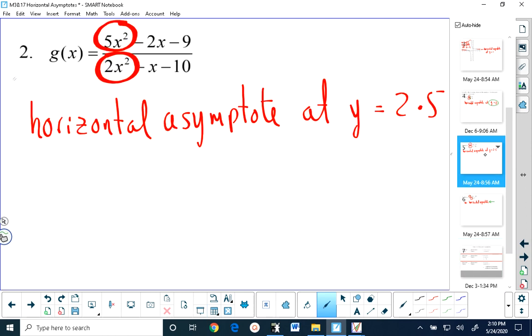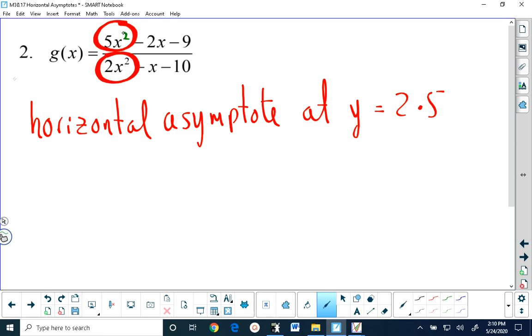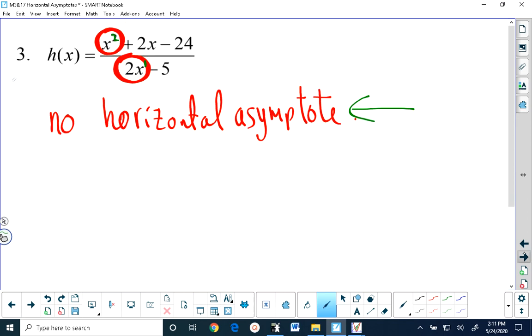And in example 2, the degree on the top was 2, the degree on the bottom was 2, which means if the degrees are equal, the rule says the asymptote will be equal to the coefficient of the top over the coefficient of the bottom, and that's 5 over 2, and by the way, 5 over 2 is 2.5.